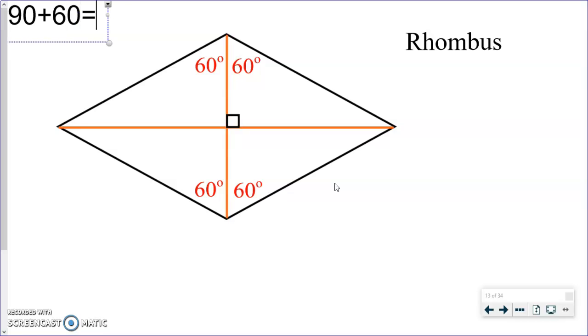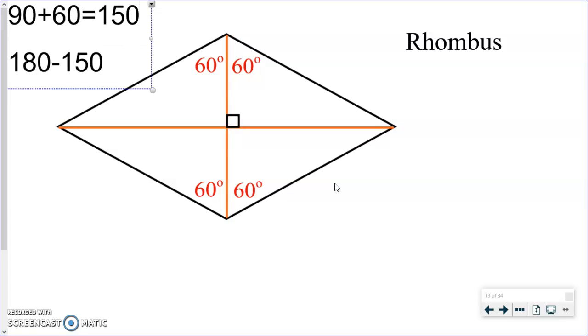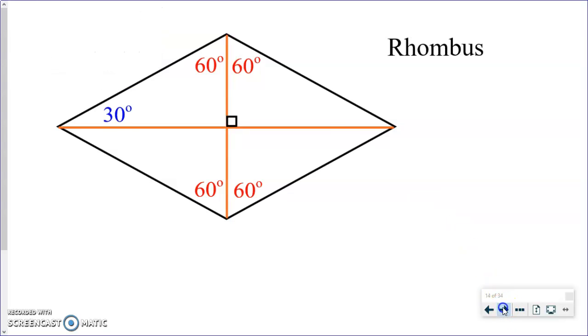That equals 150. And then you subtract that from 180. So this angle is 30. And in fact, all four of those angles are going to be 30.